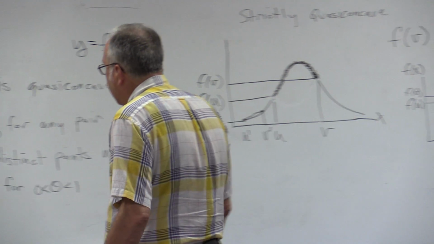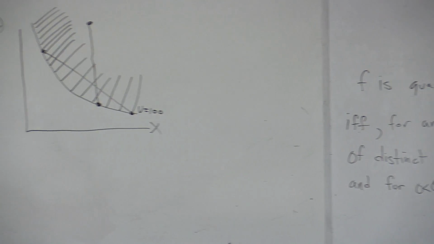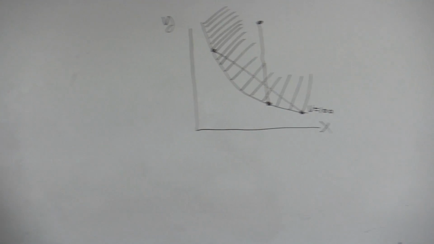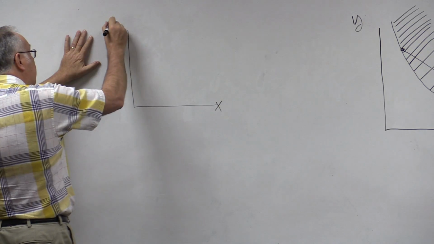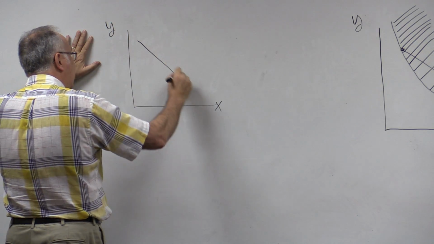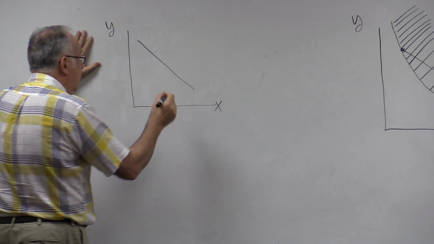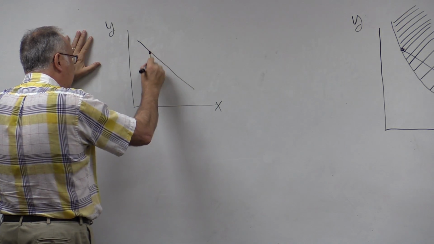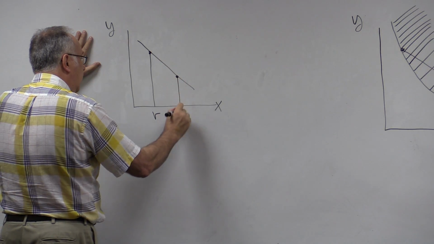Also, what about straight lines? Suppose you have a straight line. What can you say about that? Is this quasi-concave? Yes, because here, let this be v, this be u.